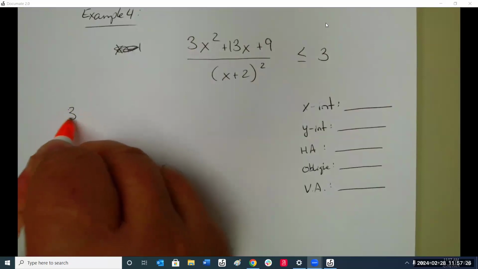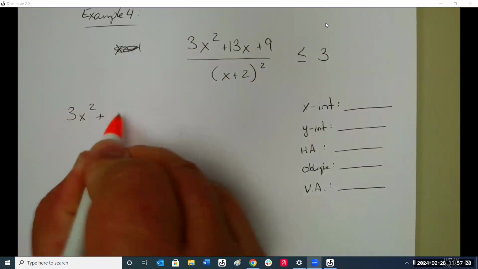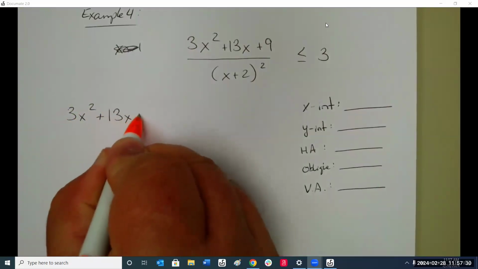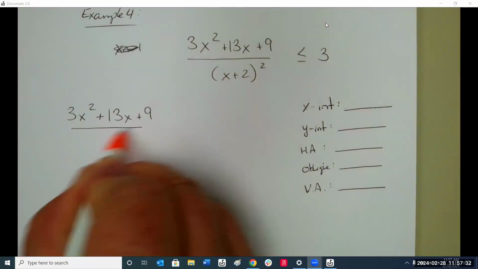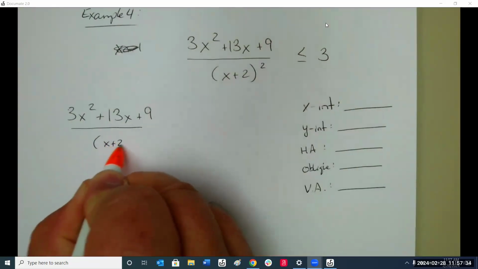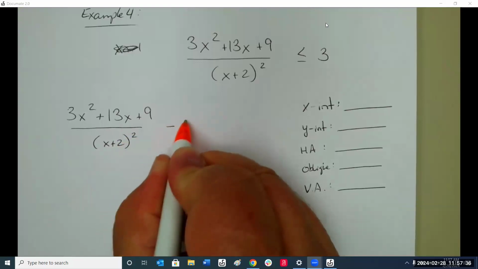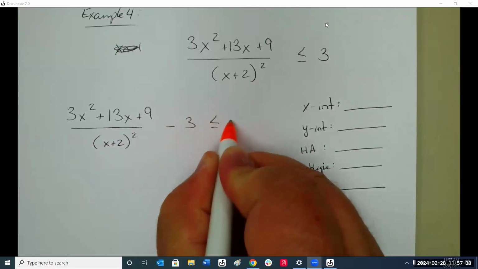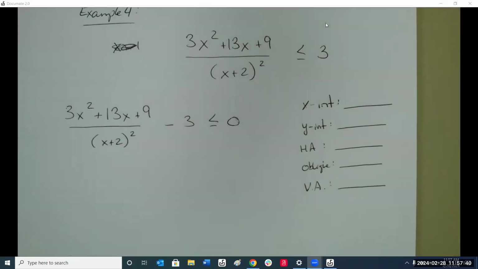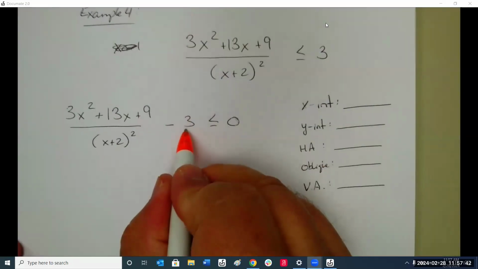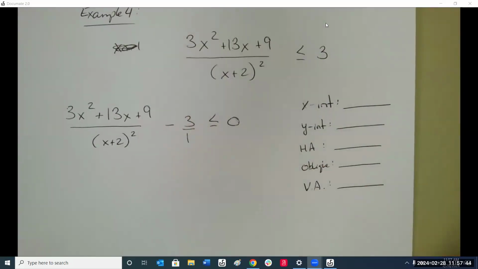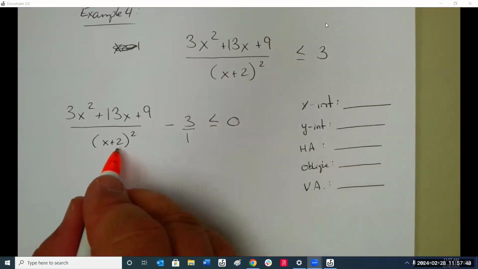So the first thing we have to do is move that 3 over. Then what? LCD.